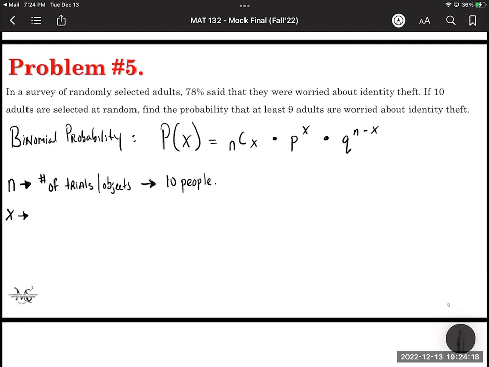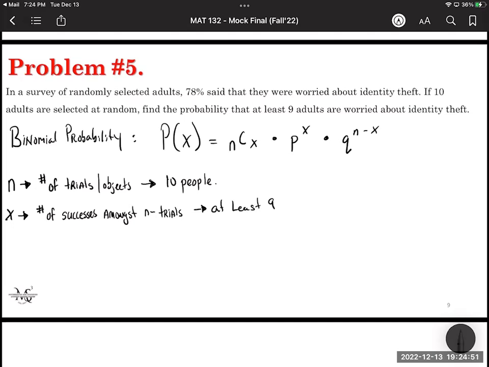At least 9 is X, but I just want you to define why it's at least 9. The reason is that X is the number of successes amongst n trials. So in this problem, X is at least 9.